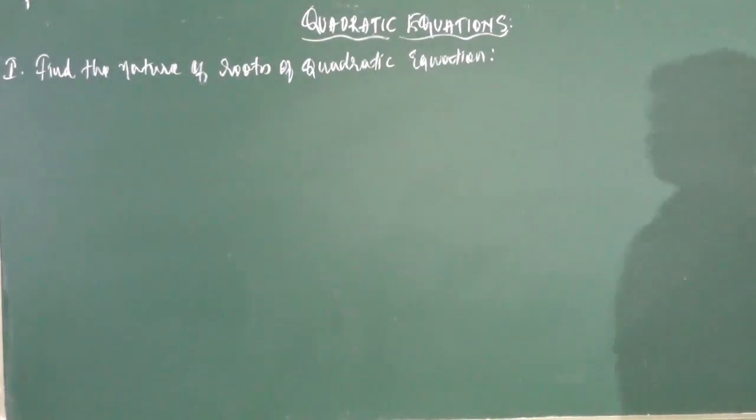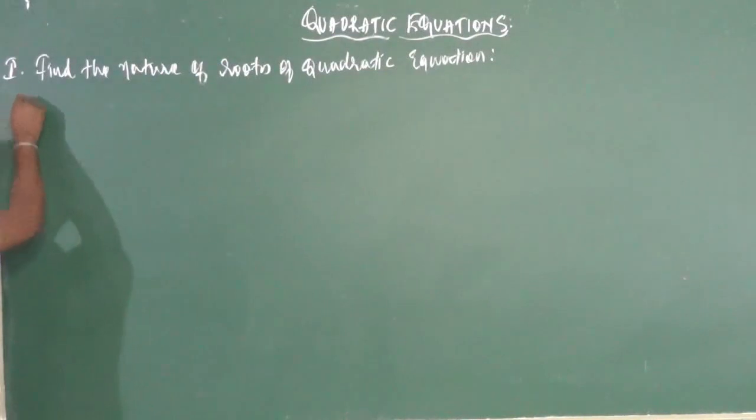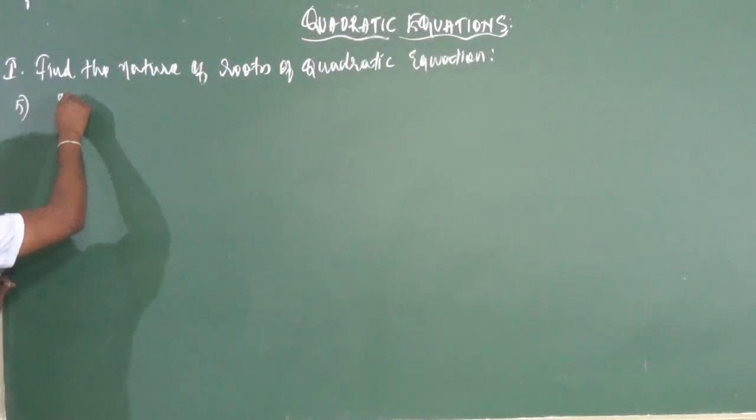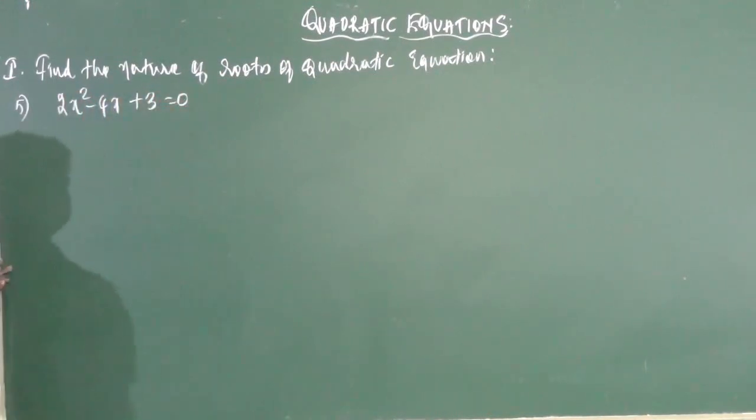Let us get into the fifth problem, very important. Give me a quadratic equation. 2x square minus 4x plus 3 is equal to 0. It is already in the standard form.